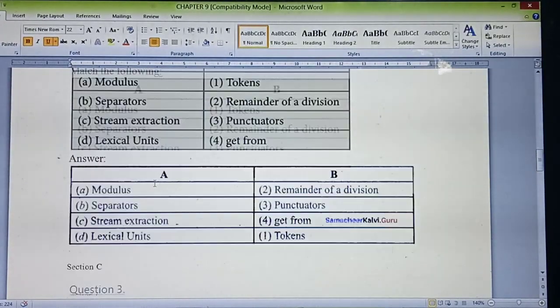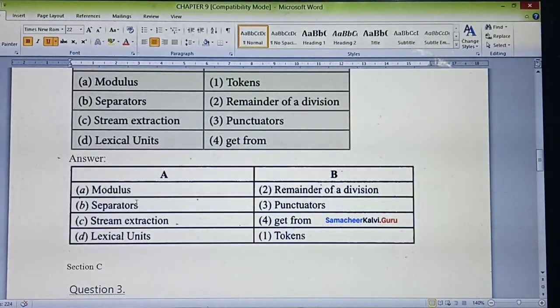Match the following, write the answer. Or match it in your textbook itself. No problem. So this is the answer, match it. Okay.